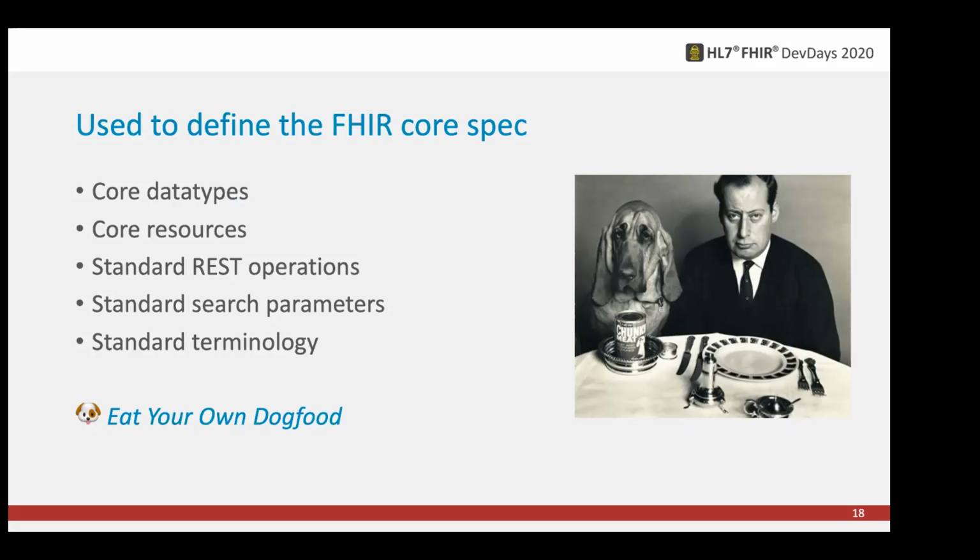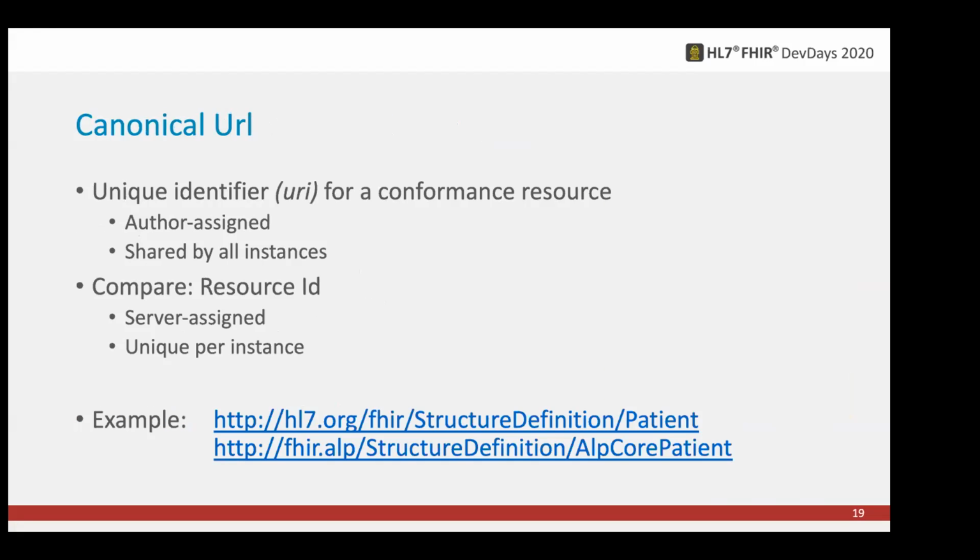So all of the core data types, all of the core resources, core extensions, they are all described in core structure definitions. And when we are going to profile, we are going to use those core structures in order to create our own profiles. Also, all of the other conformance resources, where applicable in the FHIR specification, they have used those resources as well.